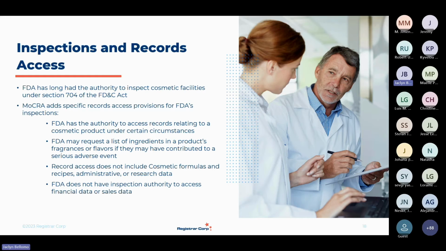Contract manufacturing and the responsible person, this intertwinedness during MoCRA, is very important. Knowing that an inspection would happen if there's a serious public health concern, it starts with the responsible person's records, reviews their records, and then the next step is that facility and their records. So it's very important to have a process in place for the adverse event receiving and reporting that the contract manufacturer themselves can receive.